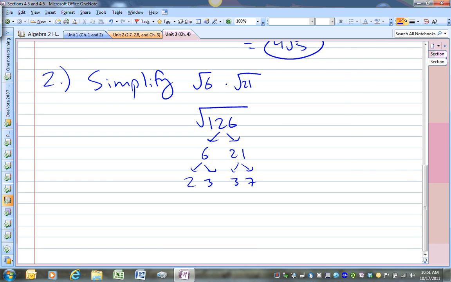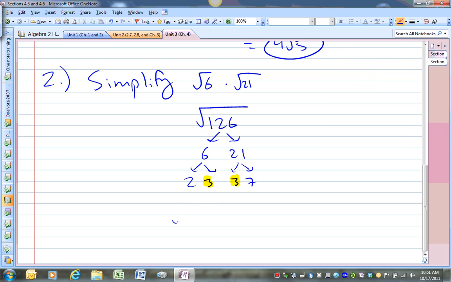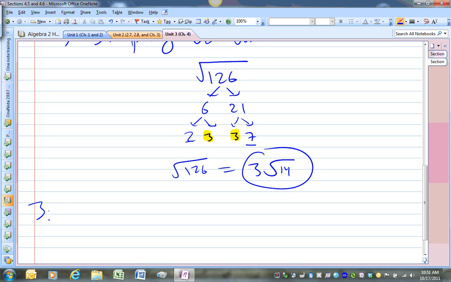A quick and easy way is to look for pairs. So in this case, root 126 will be 3 root 14. Basically what I do is anything that pairs up goes on the outside. Anything that's single stays inside, and 2 times 7 is 14. So I hope that makes some sense.